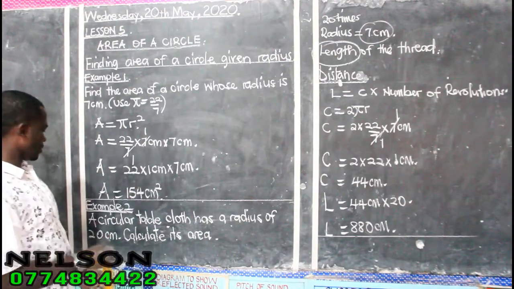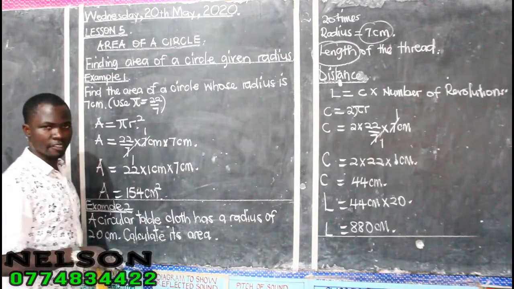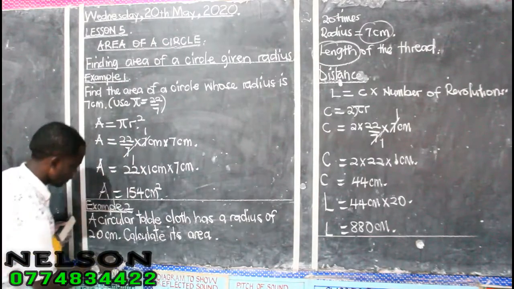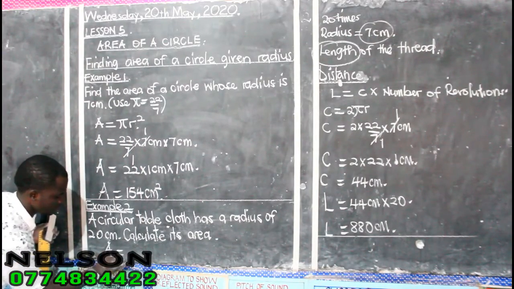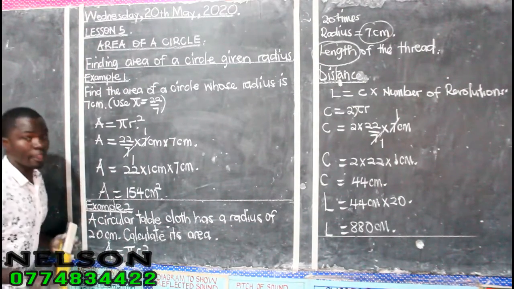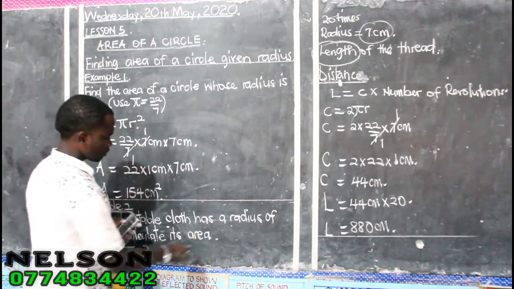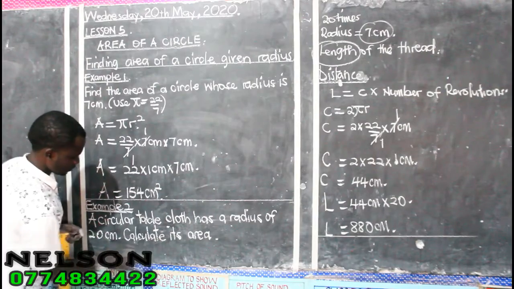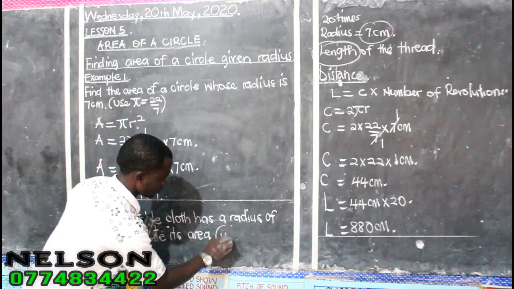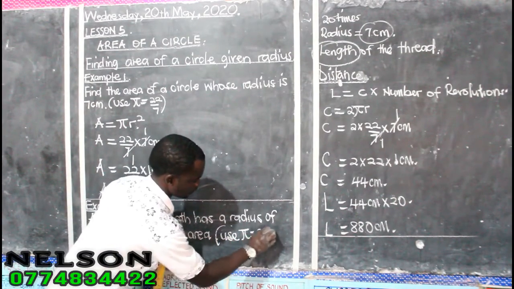Here's our question. A circular tablecloth has a radius of 20 centimeters. Calculate its area. We say area equals pi r squared. And in our question, they have told us to use the pi of 3.14.